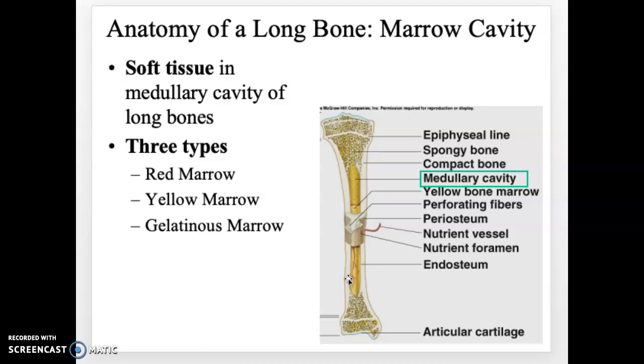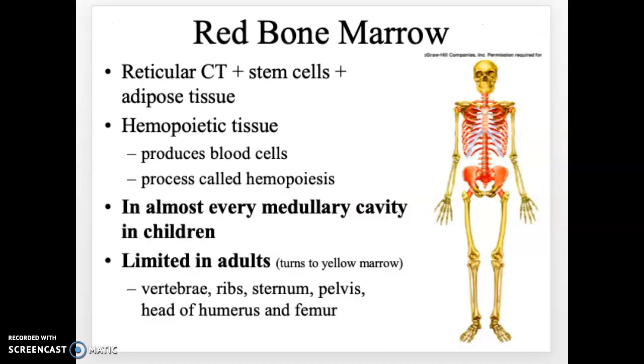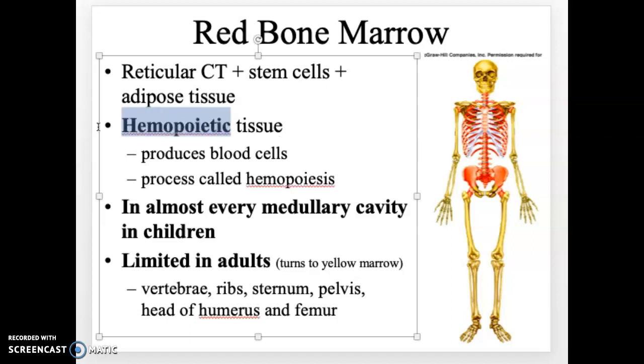So we think of bones as being rock solid, but they actually have a hollow part that has bone marrow. There are three different types of bone marrow. We'll go through each of them. So red bone marrow is hematopoietic. It is producing red blood cells.